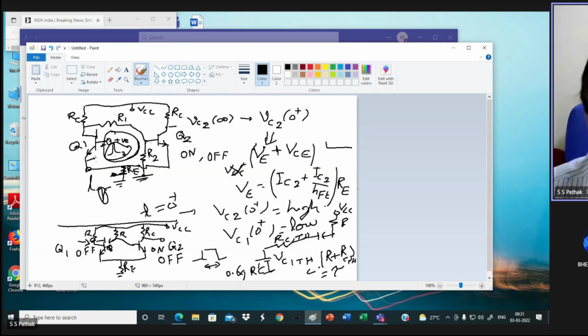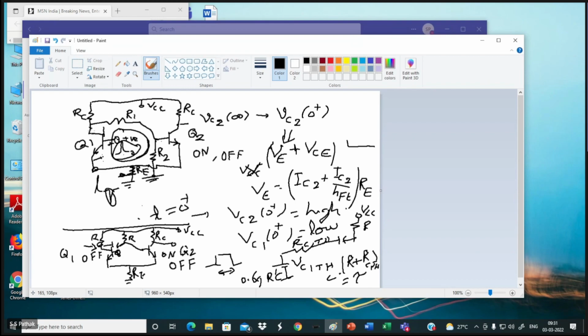What is RC Thevenin's? When T equal to 0 plus, this has gone to active region. Trigger is applied here. So at that time, your Thevenin's equivalent here will be very small, because this is open circuit, cut from here.